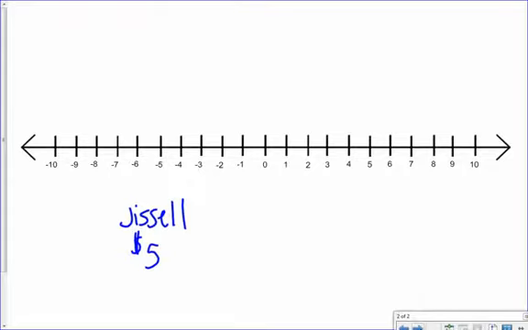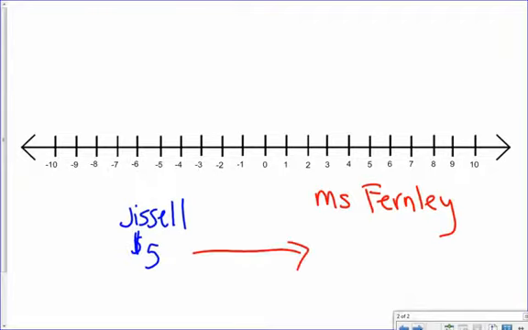So is Giselle going to be in the positive, or is she going to be in the negative? Because she's got to give me $5. So if she had $10 and she's going to give me $5, that's going to be 10 minus 5, right? So she's going to be negative $5, where Miss Fernley is going to be plus $5.